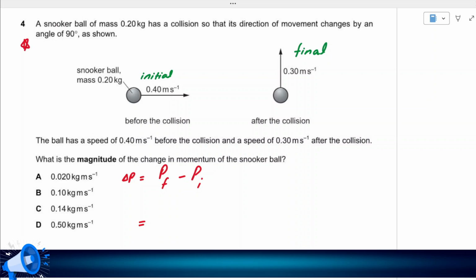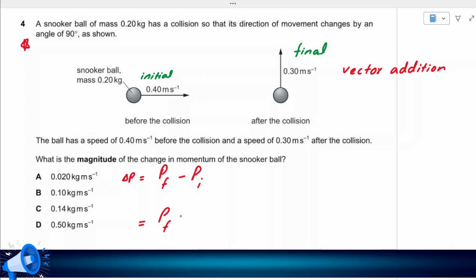Simple addition and subtraction cannot be done here. You need to do vector addition or subtraction. Even if you have to subtract the vectors, it is basically the addition of vectors.